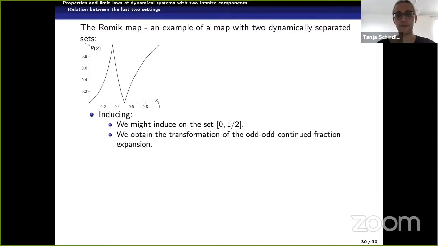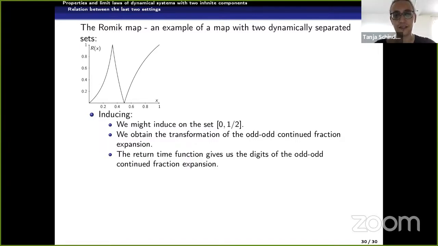And then the transformation we obtain is the odd-odd continued fraction expansion. And the return time function actually gives us the digits of the odd-odd continued fraction expansion. So this basically throws us back to the situation we just were in: a system that has a non-integrable observable, even non-integrable on a finite measure set, and an infinite measure.